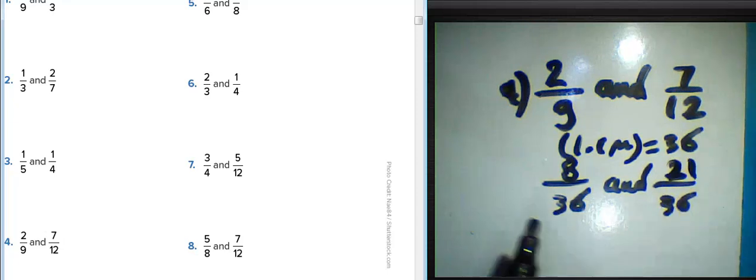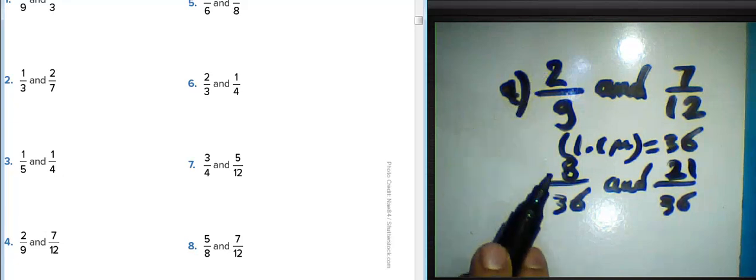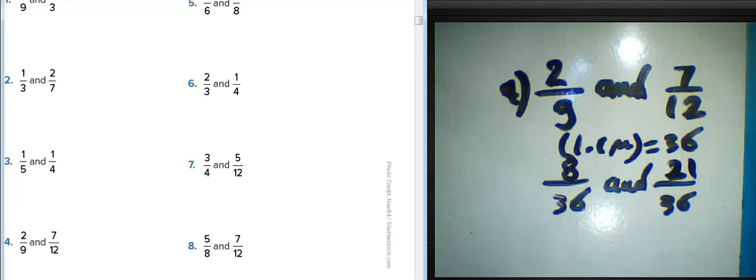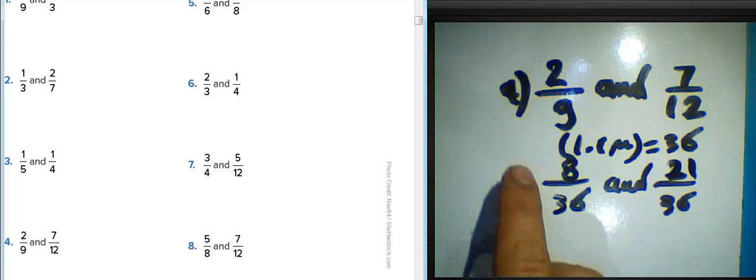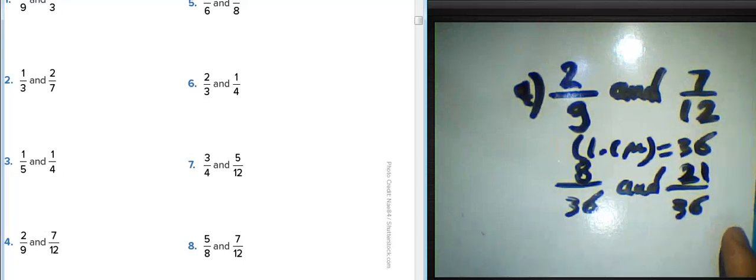Again, 4 times 9 equals 36, and 4 times 2 will be 8. And what about 12? 12 converts to 36 by multiplying by 3. 3 times 7 equals 21. Okay, so the least common multiple between the two denominators, 9 and 12, is 36. The first fraction converts to 8 over 36, and the second fraction converts to 21 over 36.